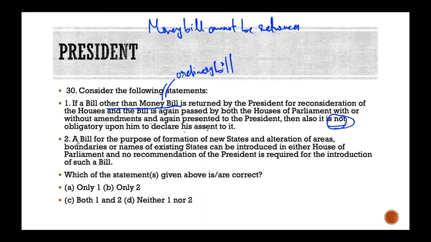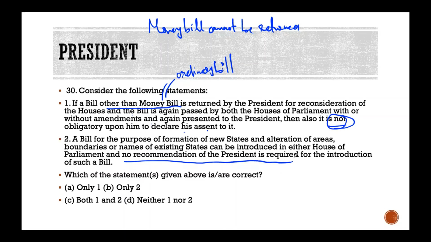Okay, option number 2: a bill for the purpose of the formation of new states and alteration of areas, boundaries or names of existing states can be introduced in either house of the Parliament, and no recommendation of the President is required. So the key words here are that no recommendation of the President is required.